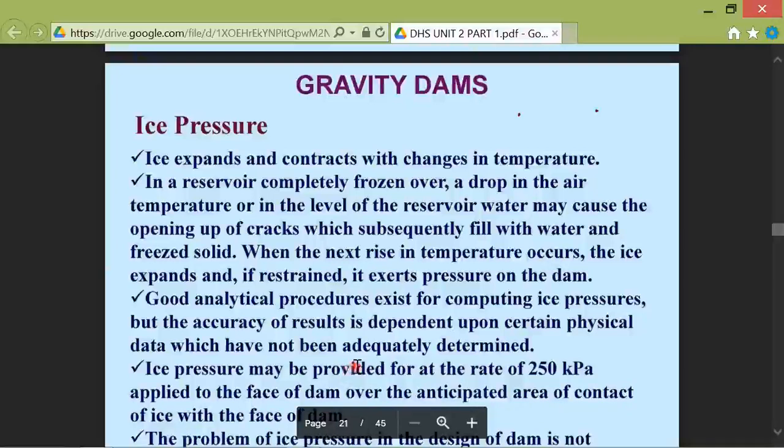Now again, this is a question which can be asked as a multiple choice question. How much will be the ice pressure considered? 250 kilopascal. Pascal is the unit of pressure, and kilopascal, again, is a metric unit of the pascal. So remember, whatever things we have studied in today's lecture, you remember these various things.